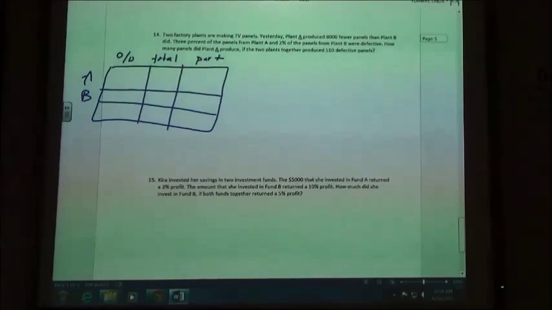Something like that. 2 factory plants are making TV panels again. Yesterday, plant A produced 8,000 fewer panels than plant B. So if I'm looking at my total number of panels, what should I put in there for the number of panels for A and the number of panels for B?